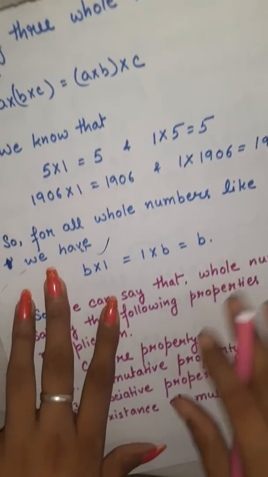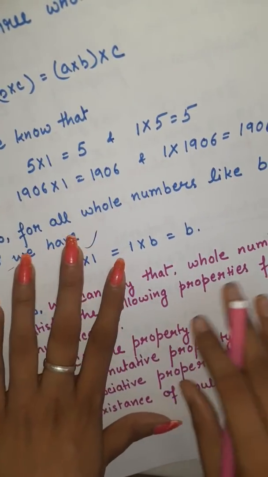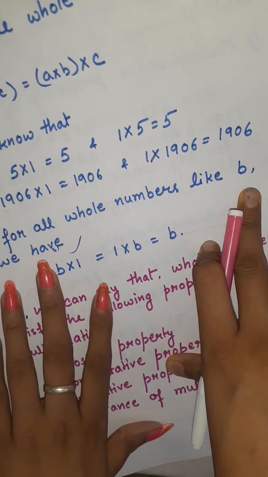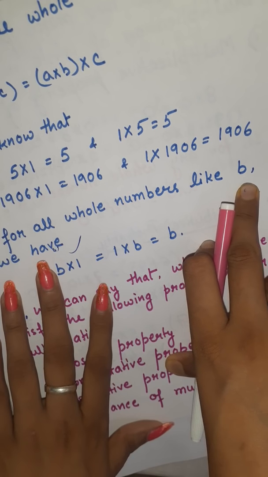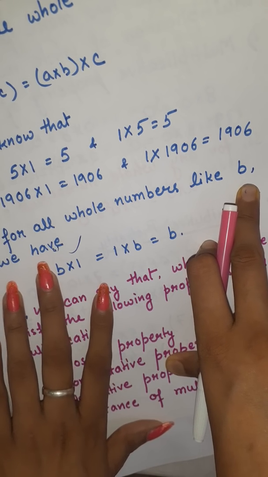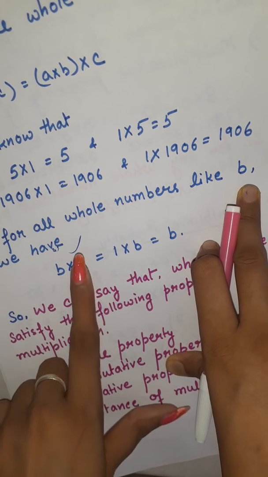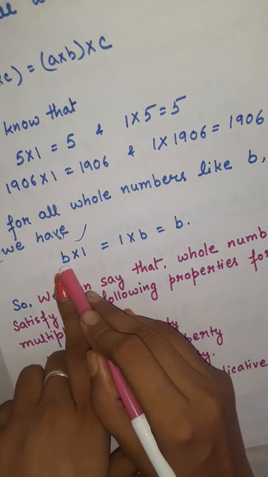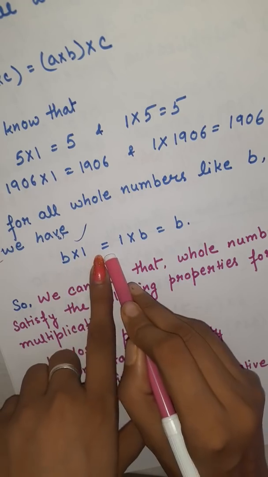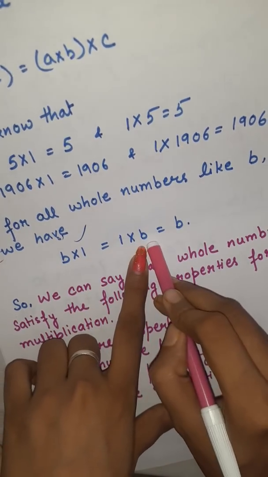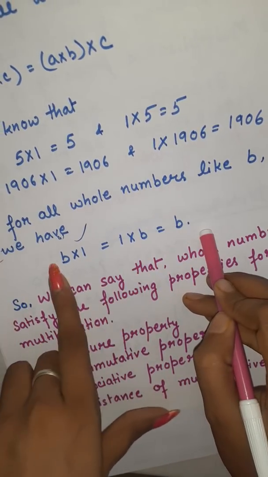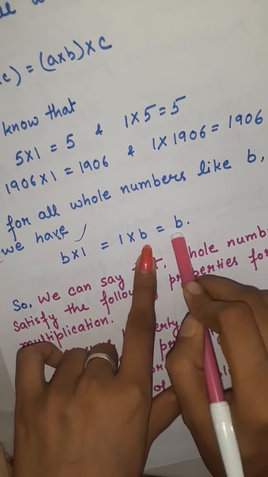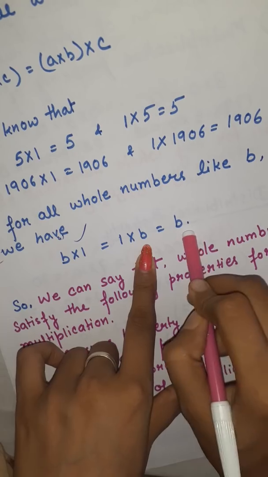Okay, so we can say that for all whole numbers like b, I have taken an example b, you can take any other whole number in place of b. We have a number which is 1 such that b into 1 is equal to 1 into b is equal to b. Whether you multiply b by 1 or 1 by b, you should always get the same number b.